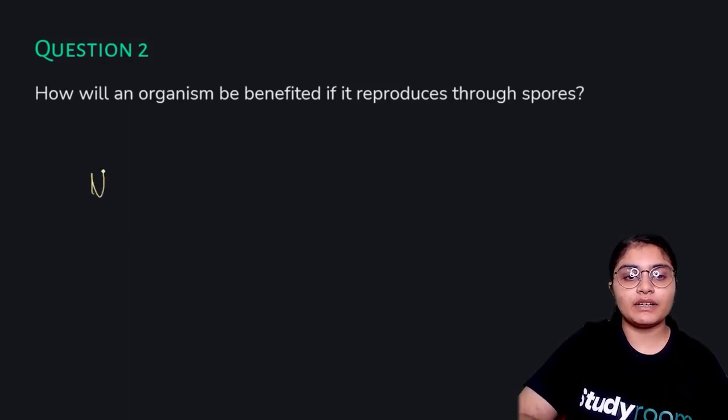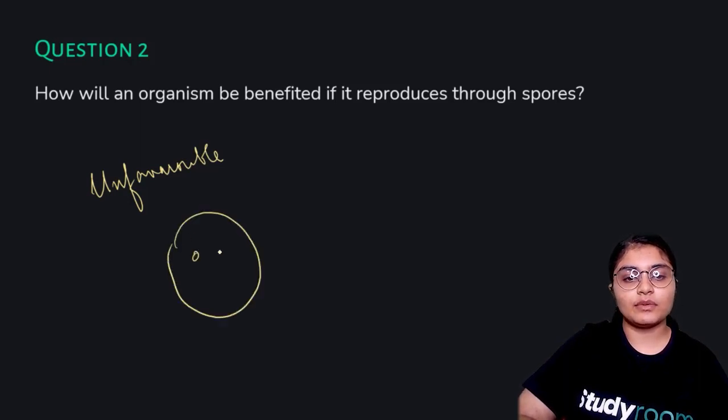So when unfavorable conditions happen, there are these spores and they have a thick layer around them.